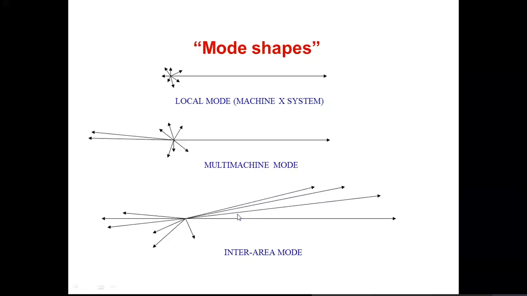In that sense, one group of generators is in phase opposition with the other group. So this will be an inter-area mode. That could be the typical mode shape for the generators, depending upon the types of mode that may exist in the system.